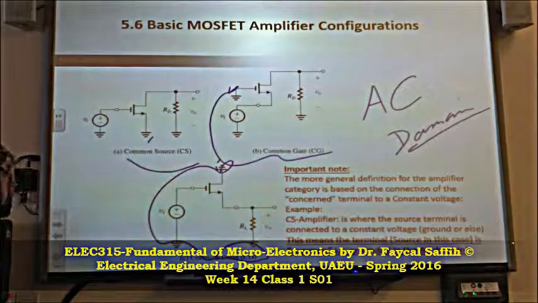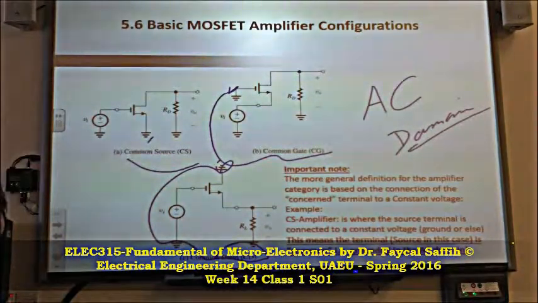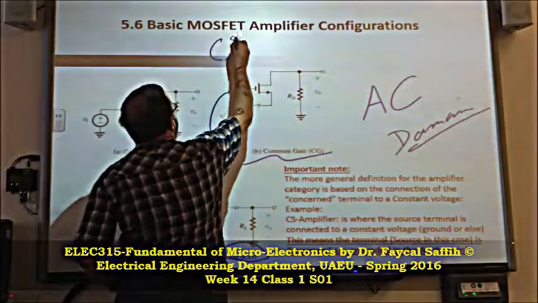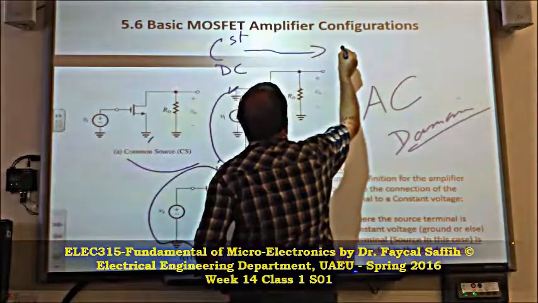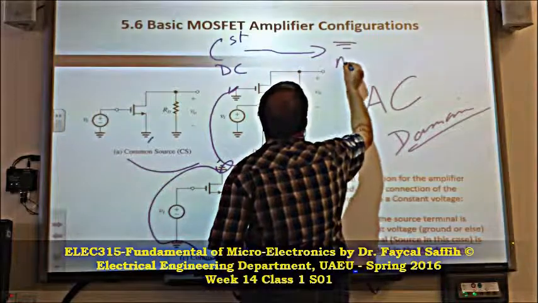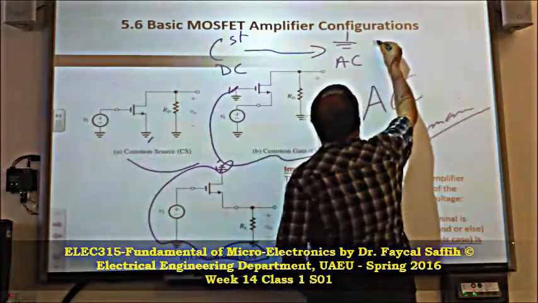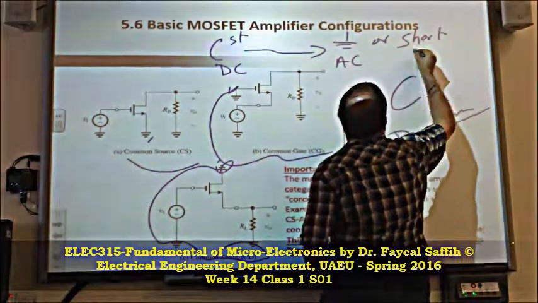When we go from DC to AC, of course we have to do DC analysis, then move to the AC analysis. Any constant voltage from DC will become what? Will become a ground in AC. Yes. Ground or short circuit. I will write it completely.